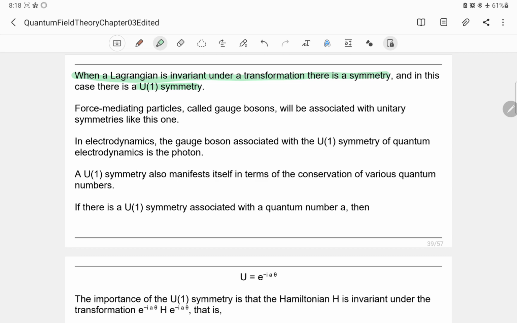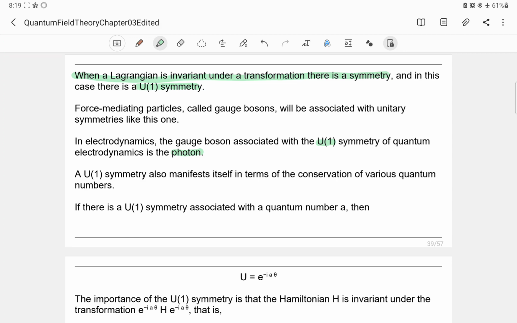So force mediating particles called gauge bosons are associated with unitary symmetries, like U1 symmetry. And in electrodynamics, the gauge boson associated with the U1 symmetry is the photon. And later on in other theory, like this one is for quantum electrodynamics.